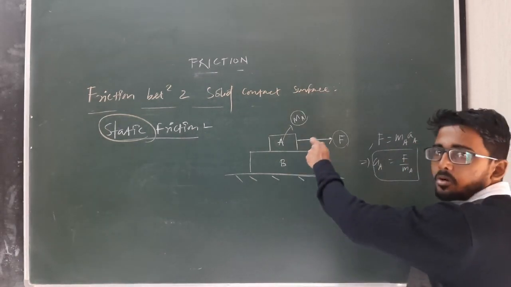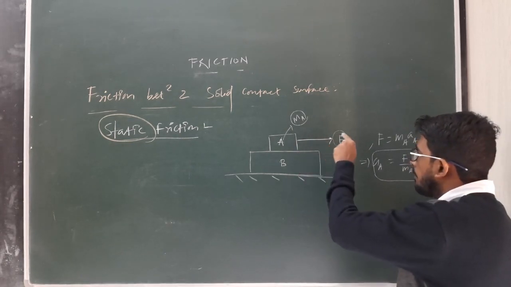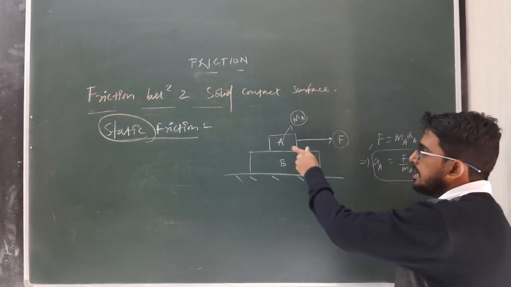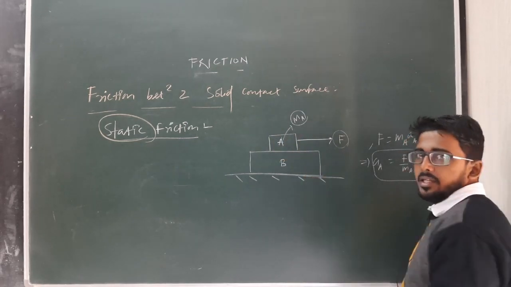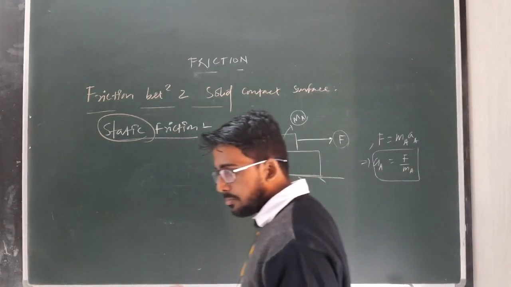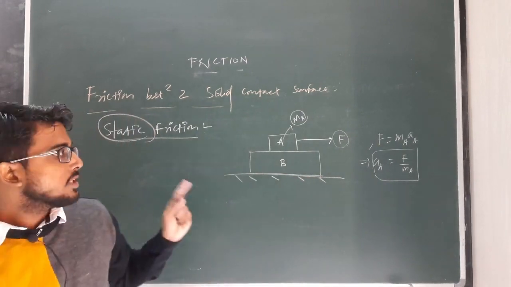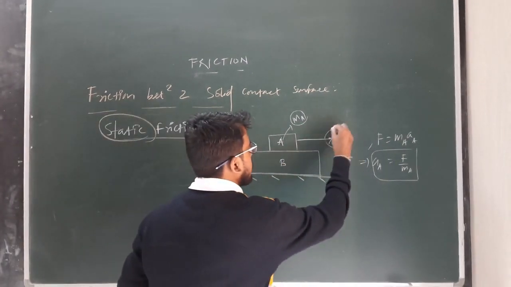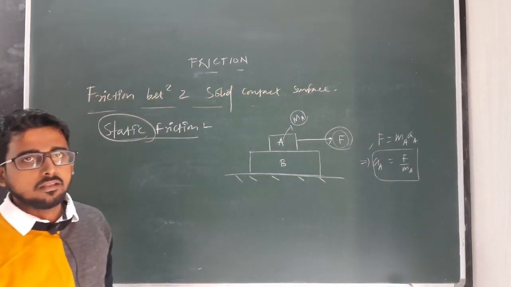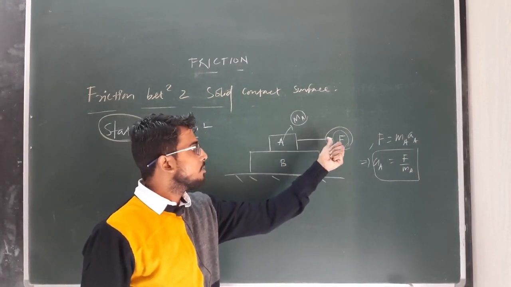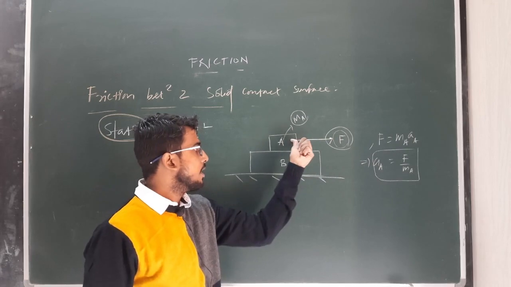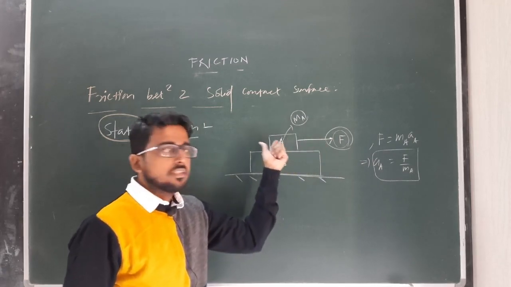But as we observe, after applying the force F, there is no motion in block A. That means there must be another force which counters this external force, clear? But we are applying only one force. This is the external force that we are applying on block A, but still the block is not moving.